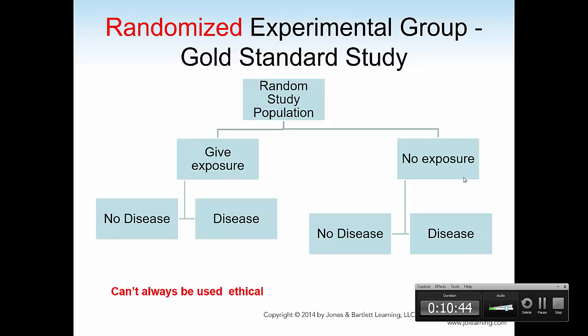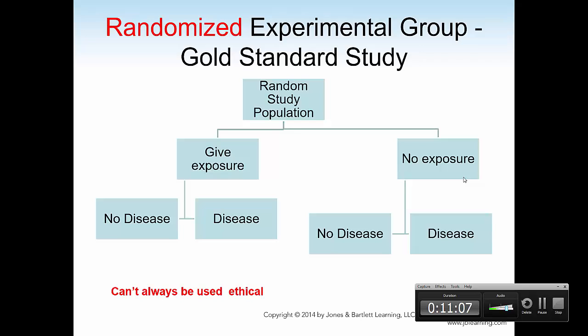This one looks okay. There's one that does not, but just bear with me. I wanted to use these flowcharts to really emphasize the difference between these certain kinds of study groups. And these are really great types of studies, if you can do them, that will allow you to assess and measure risk, okay?